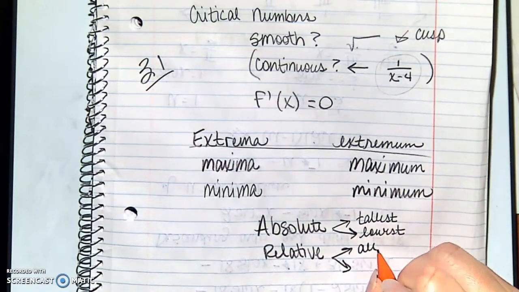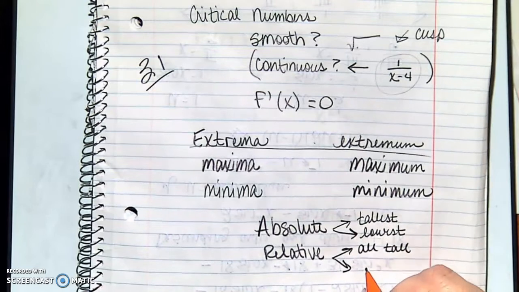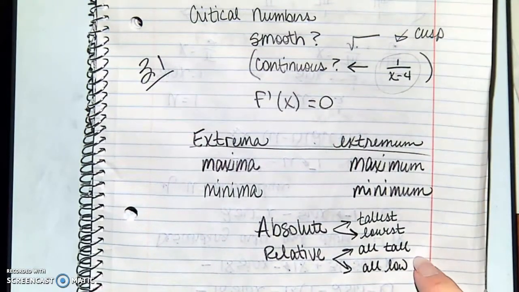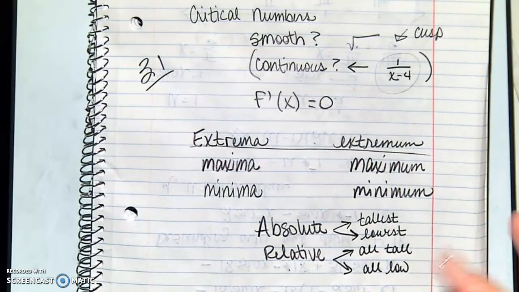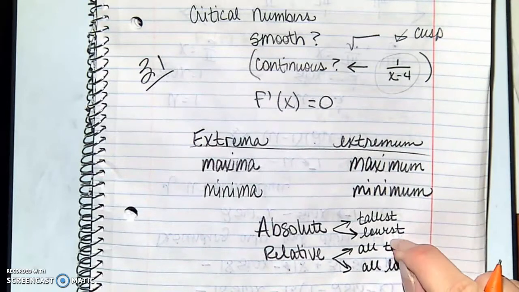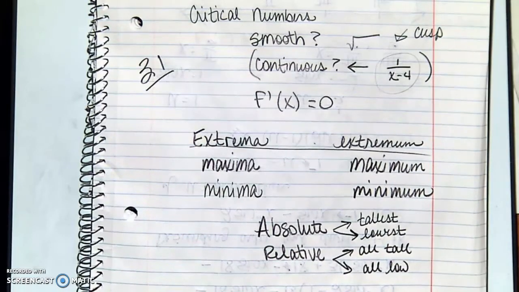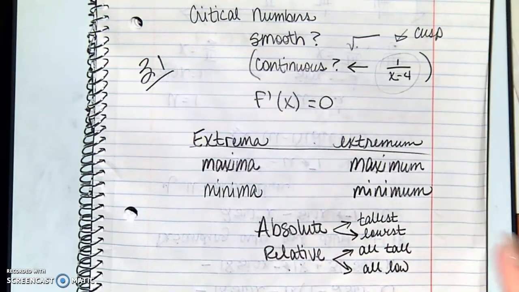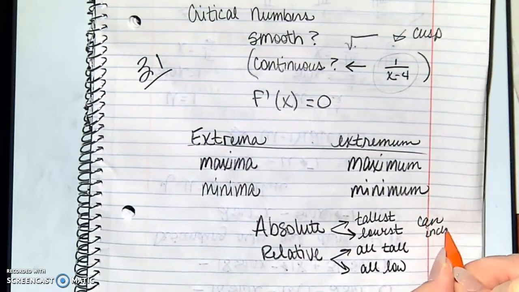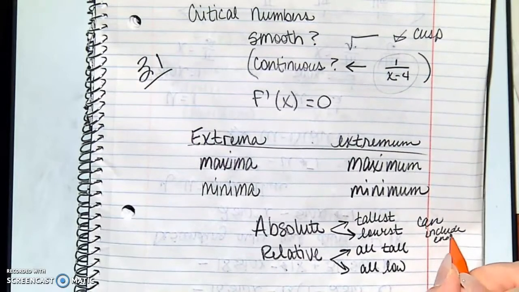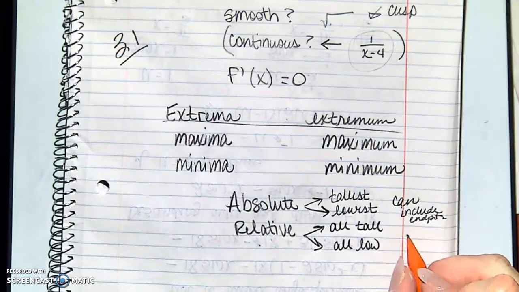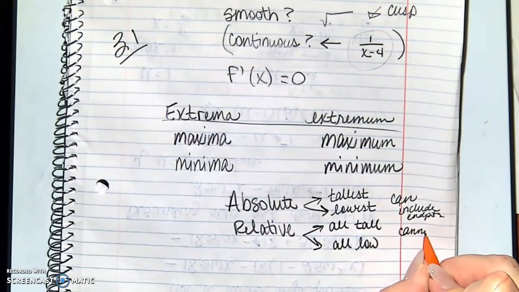So all tall points and all low points. It's just that the tallest of them should be the absolute max, and the lowest of these should be the absolute min. Now the only issue is the absolutes can include endpoints. Okay? The relatives cannot include endpoints.